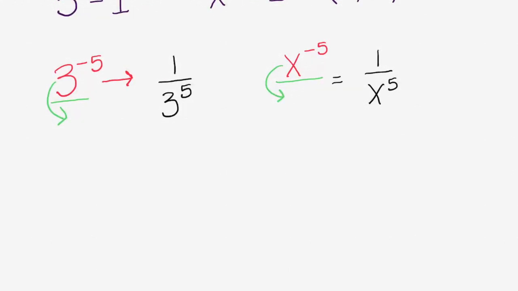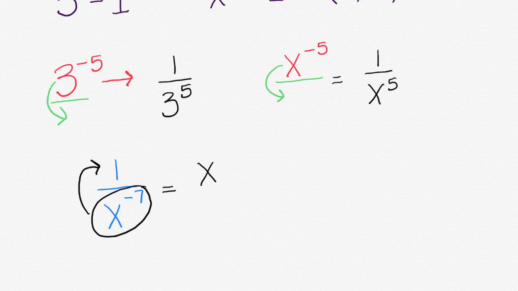It also works if you have a variable in the denominator that is negative. So, let's say we have 1 over x to the negative 7. If I take x to the negative 7 and I move it to the numerator, now my variable has a positive exponent.